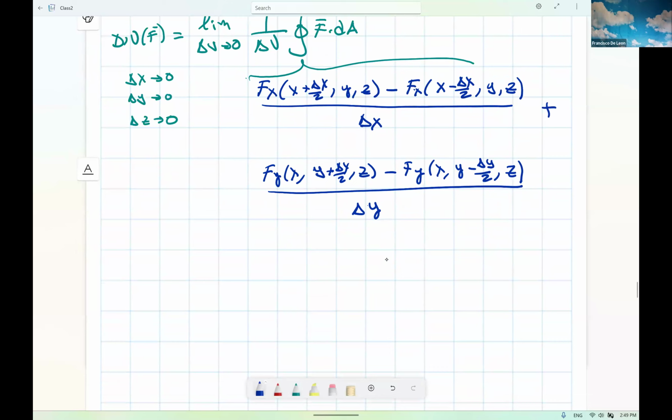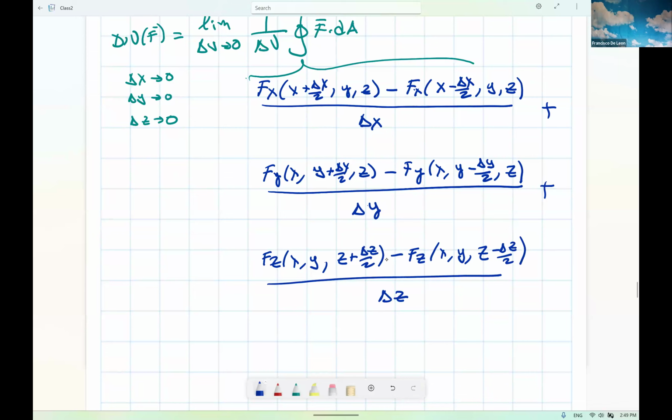And the last one, these are being added, is f_z of (x, y, z plus delta z by 2) minus f_z of (x, y, z minus delta z by 2), divided by delta z.